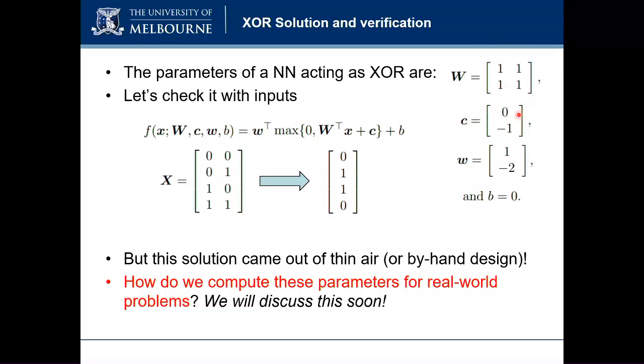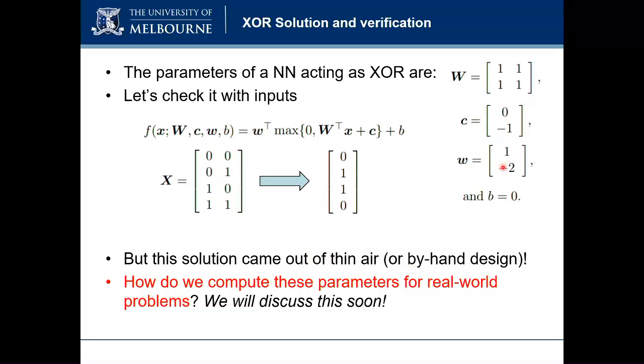You can write this result and verify for any x input combination for XOR, these parameters give you the right result. So we can verify this result, and then we have a solution. A neural network can solve the XOR problem, okay? Even with a single hidden layer and a simple nonlinearity like ReLU.